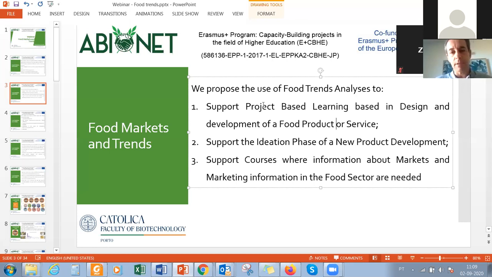We have structured a project-based learning approach, where the students are faced with an objective that is, well, you have to design and to develop a prototype of a food product and service.